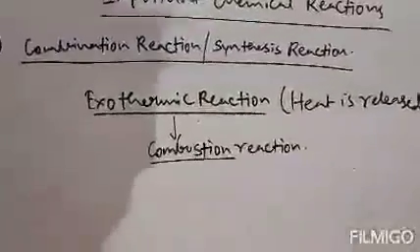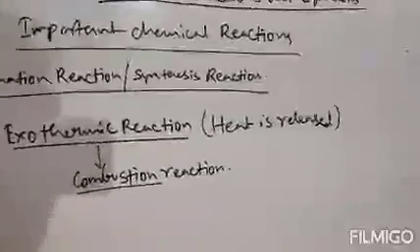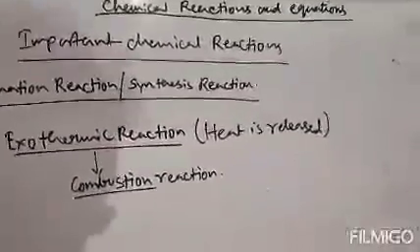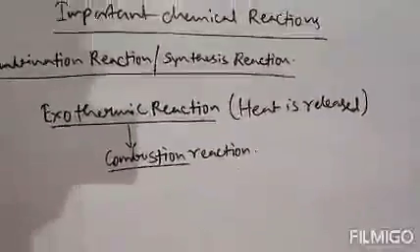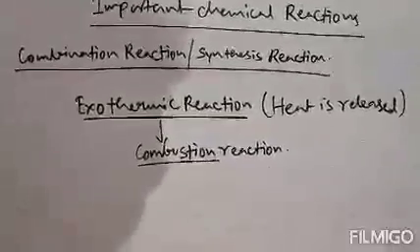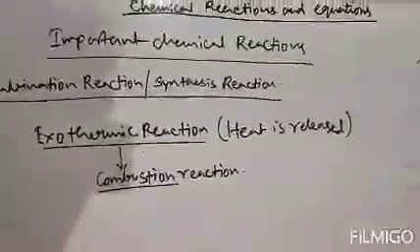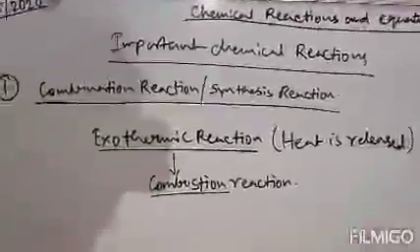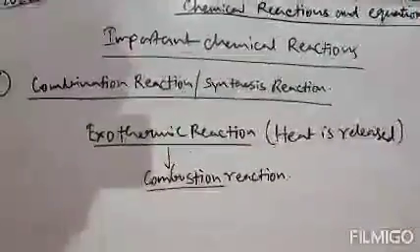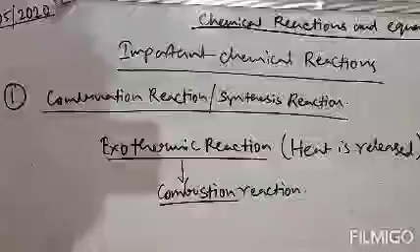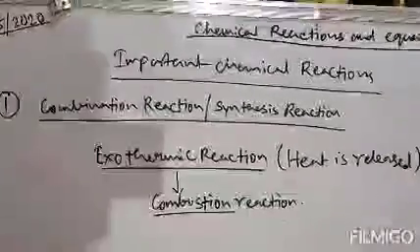Combustion is the burning of a substance in presence of oxygen. So if you burn any substance in presence of oxygen, then heat is released, and that reaction will be termed an exothermic reaction. Therefore combustion reaction is one type of exothermic reaction.